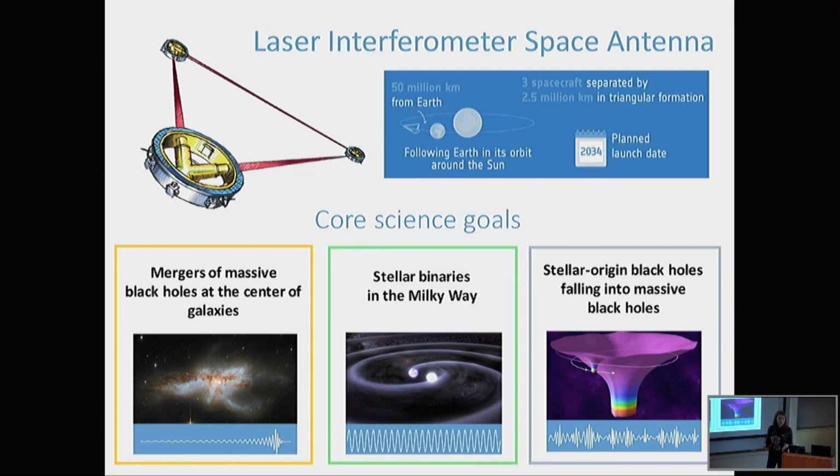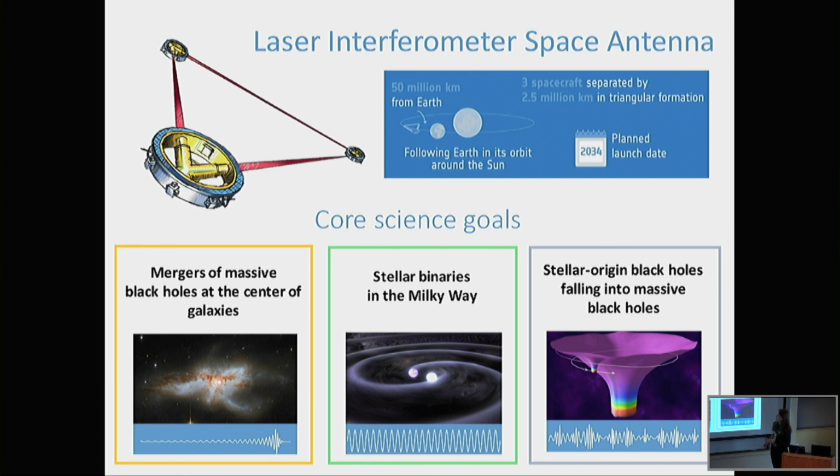So this will be literally a giant gravitational wave observatory in space. It will follow the Earth's orbit, trailing behind the sun, and the date for the launch at present is in the early 2030s, and the mission will last from 4 to 10 years.